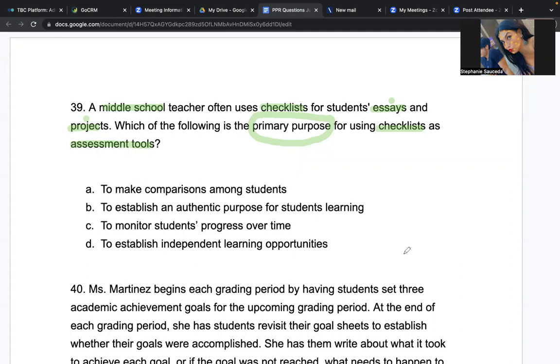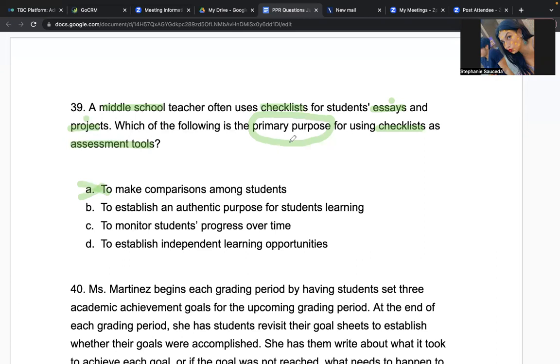So what can we eliminate and bet ourselves $5? A. It's not about making comparisons among students. That is not what the checklist is about. A teacher who uses checklists for students' essays and projects would not be doing it to make comparisons amongst the students. That's not the primary reason we use checklists.